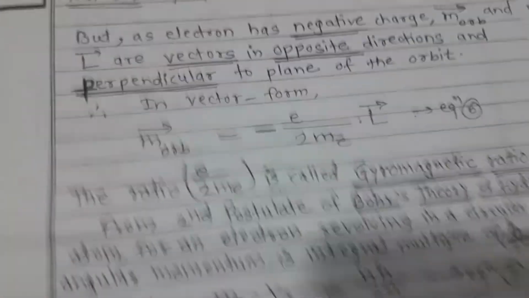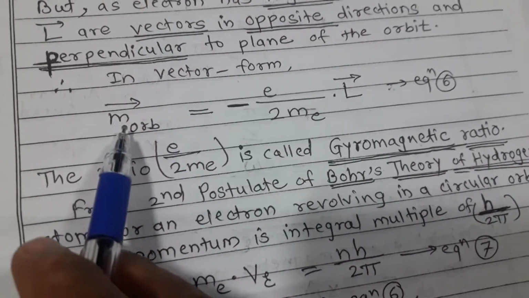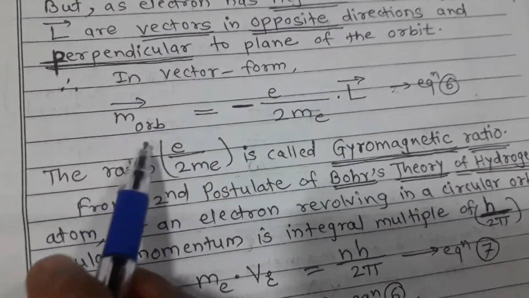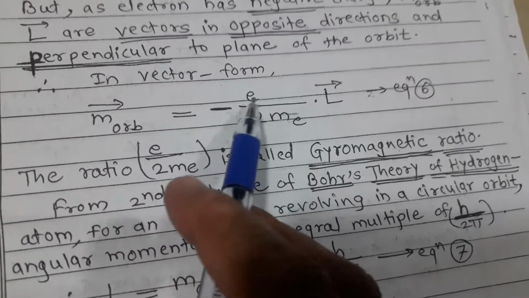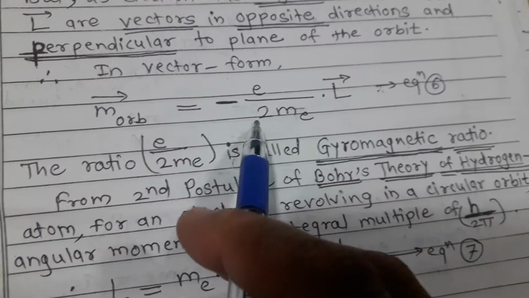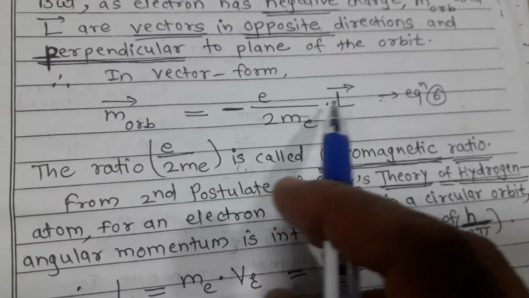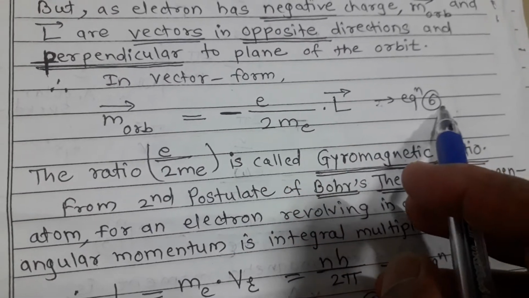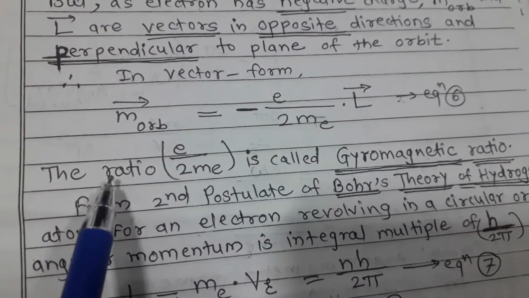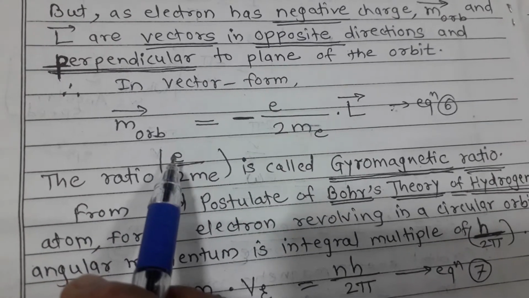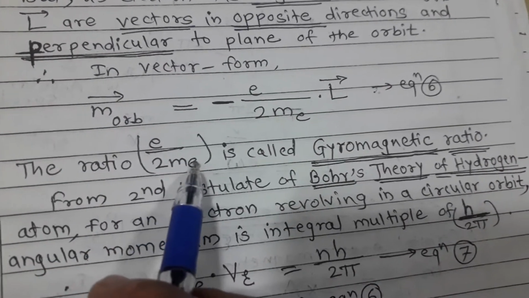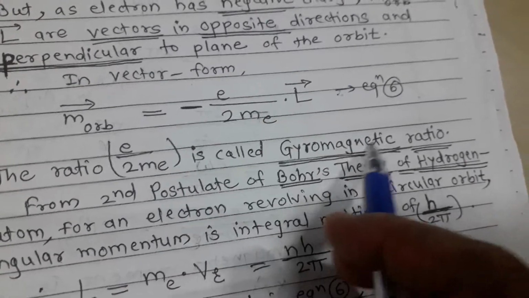Now in vector form, m bar of orbital is equal to minus e divided by twice into m of e into L bar, equation number 6. The ratio e divided by twice m e is called the gyromagnetic ratio.